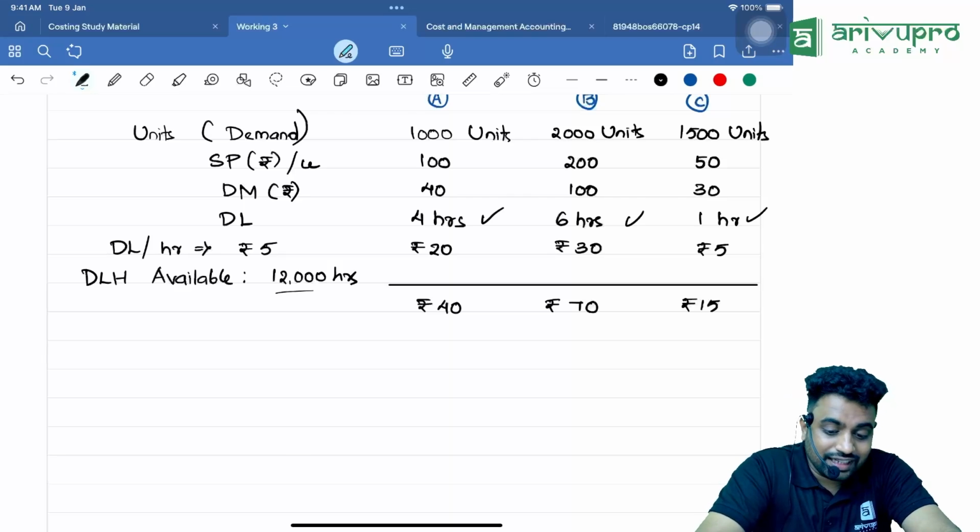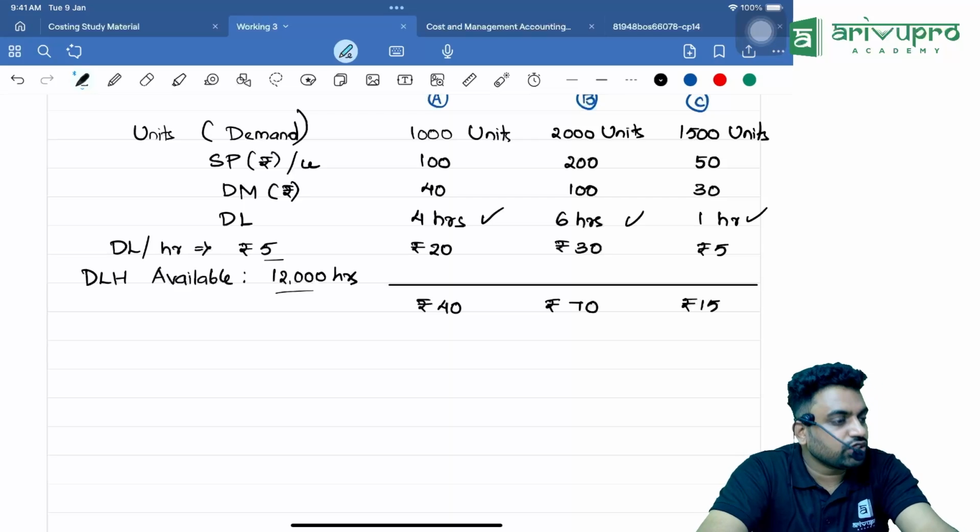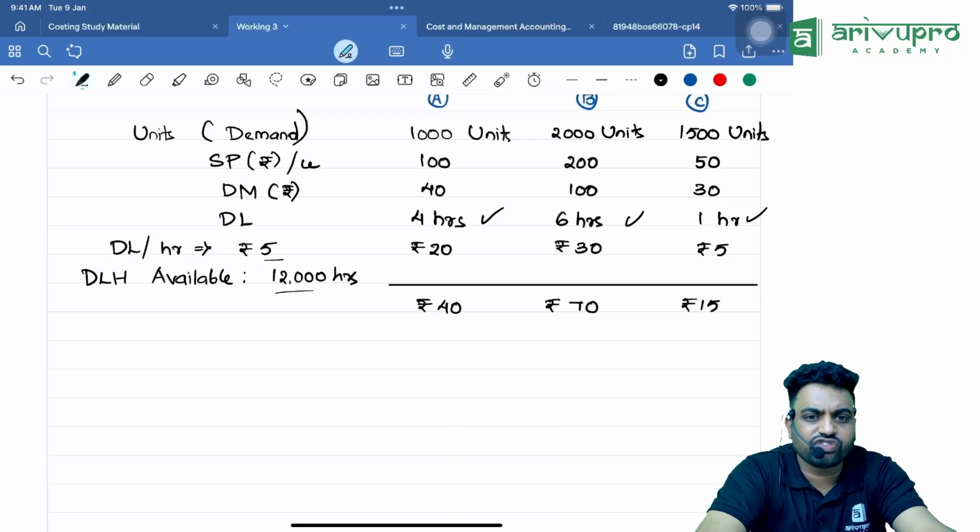They will give 20, 30 and 5. They will give the total, and they will give per hour how much. Using both of that you should find out how many hours it is. That we have already discussed in our overhead chapter if you remember.